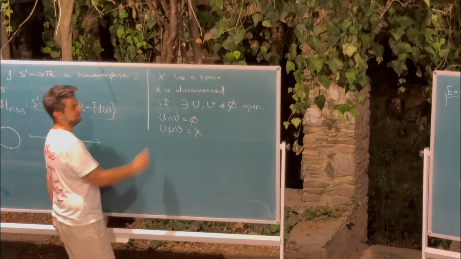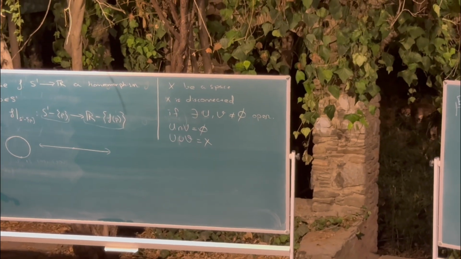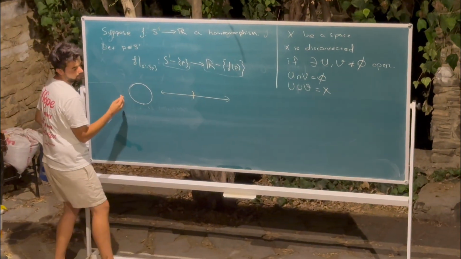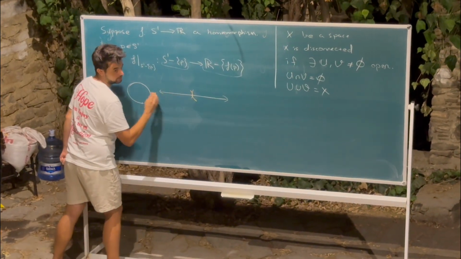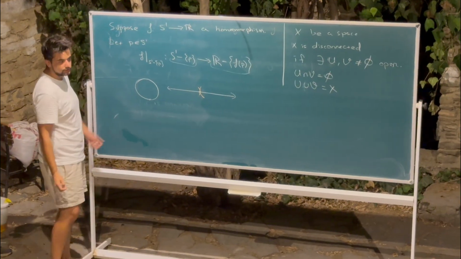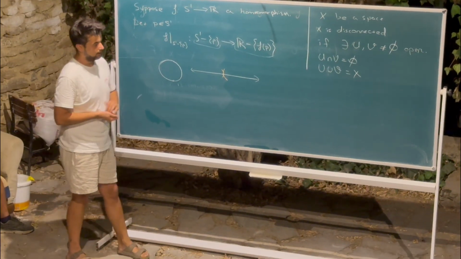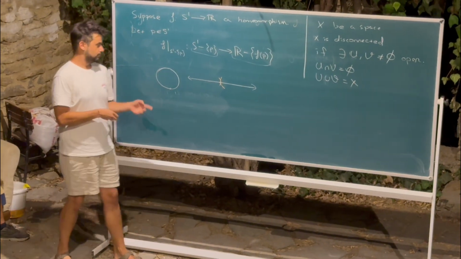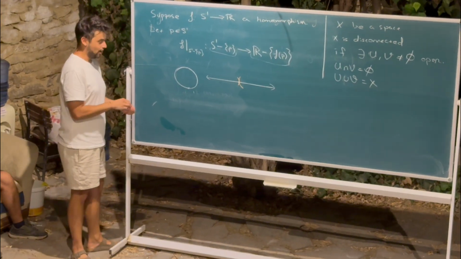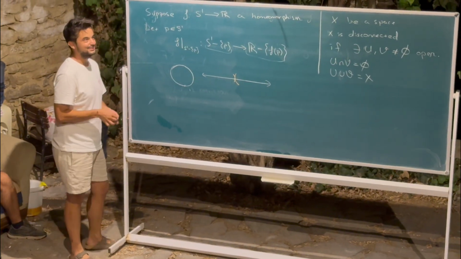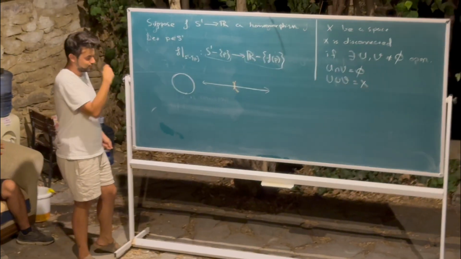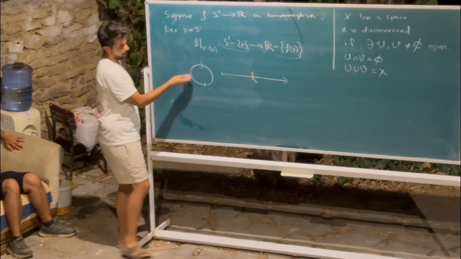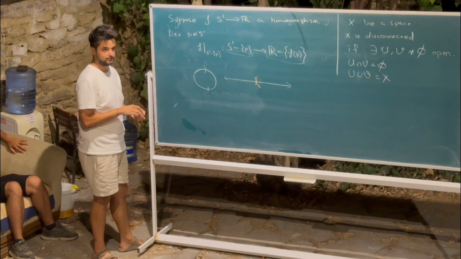So in this case, this open interval union this open interval, they don't intersect, they are non-empty, and their union gives me my space. So it's disconnected. But here, it's not a proof, but you can convince yourself that you cannot cover this with two disjoint open sets.